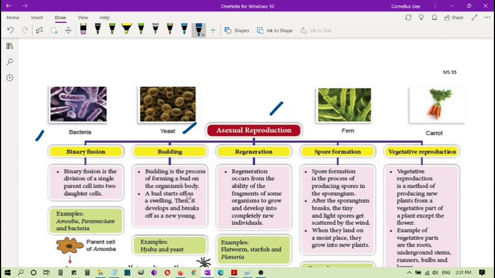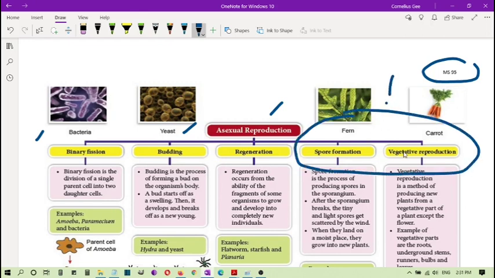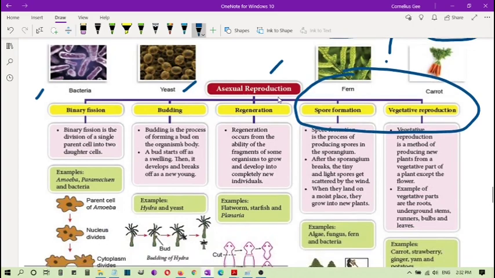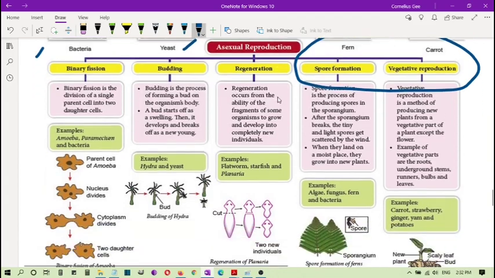The last processes, spore formation and vegetative reproduction, are for plants. So please read them on page 95 and take notes for your own use. Very important: when you study science, you take your own notes.